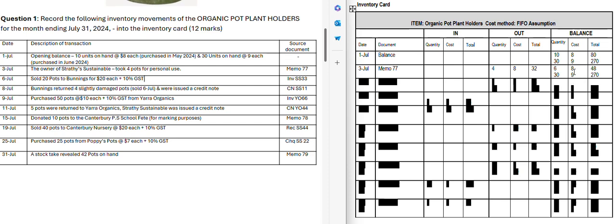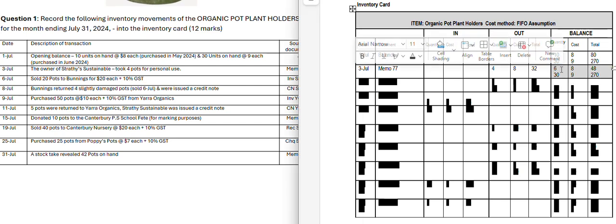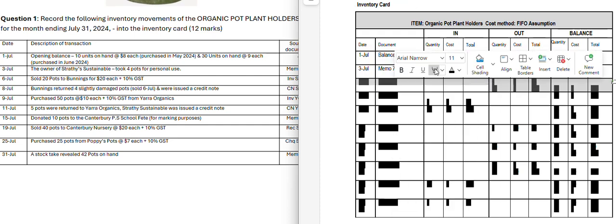So again, let's look at our balance on hand here on the right. 6 units on hand, that's from the old pile. They're going to go first, and then we're going to have to dip into the new pile. We need to have 20 in our out column. So let me unhighlight this.